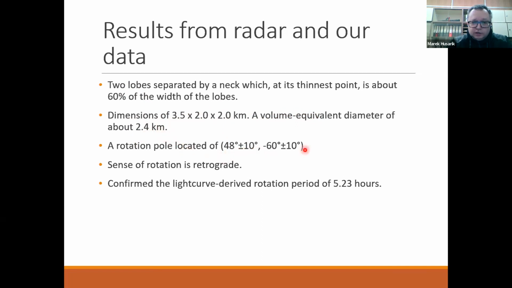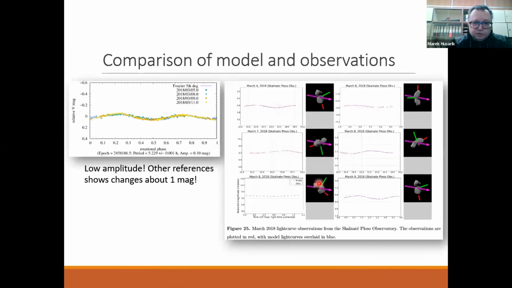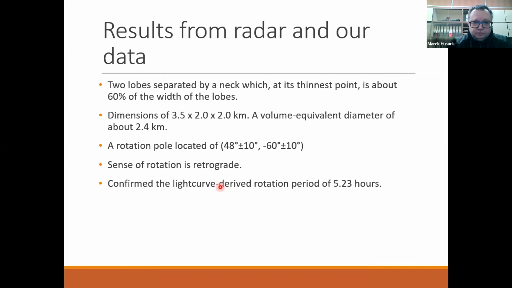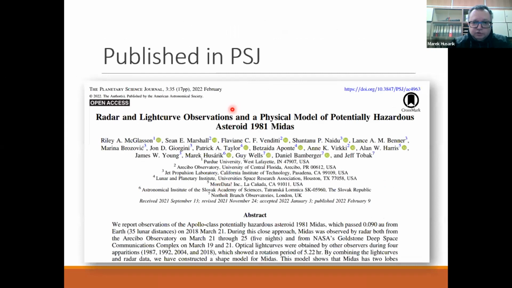The rotation pole was located at this position, and this asteroid rotates in a retrograde sense. And here is the period, which was confirmed by me and by radar data. These results are now published in PSJ. You can see that this paper is very hot now, only two days old.